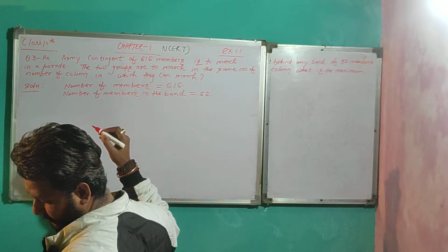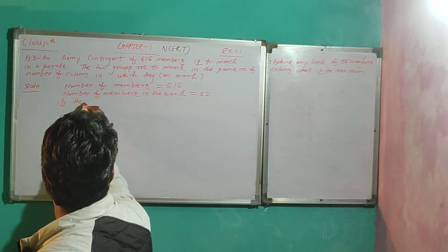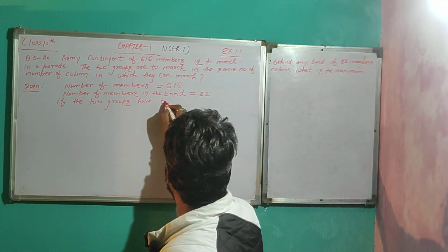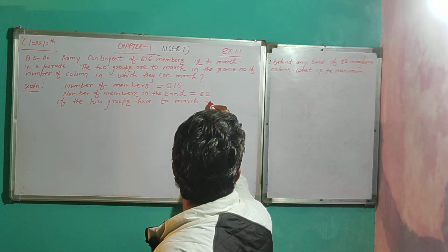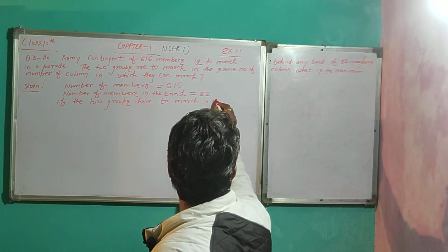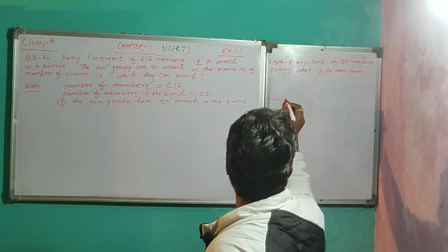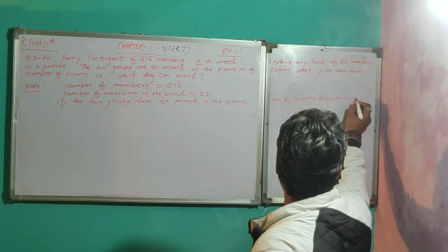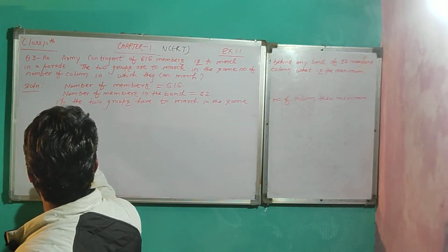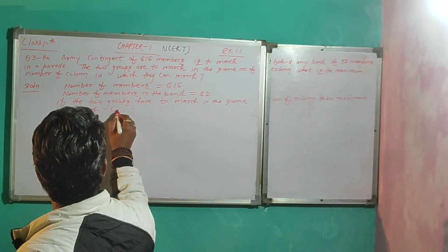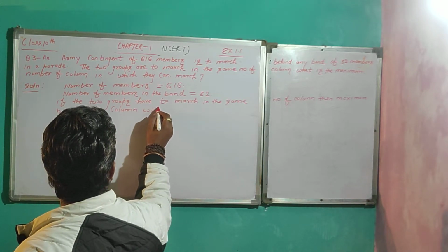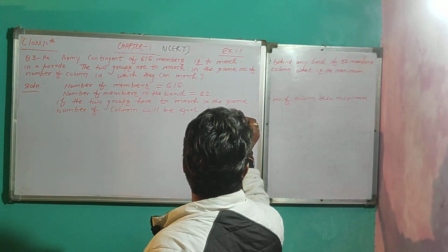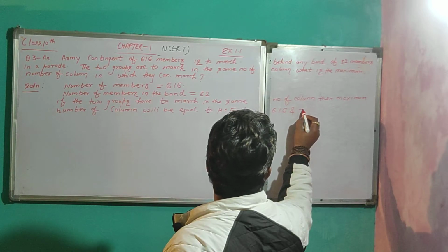Now if the two groups have to march in the same number of columns, then the maximum number of columns will be equal to HCF of 616 and 32.